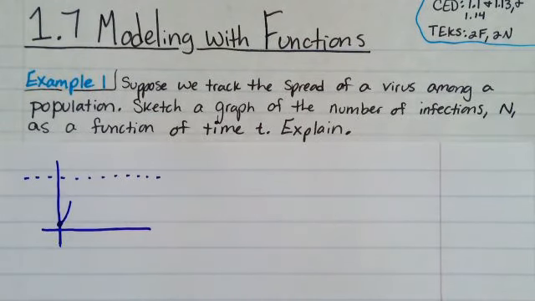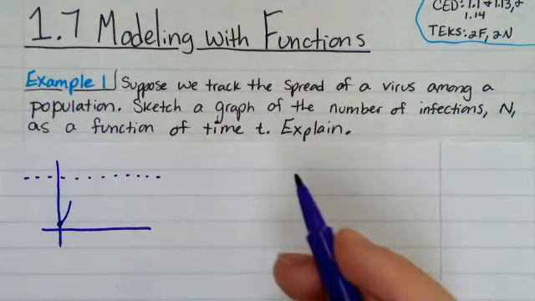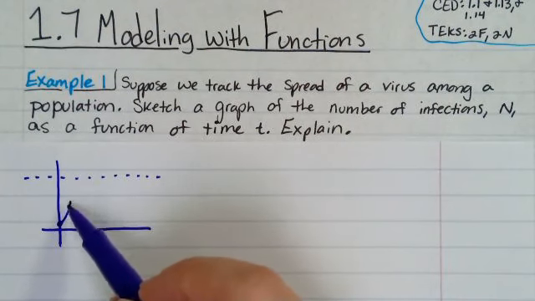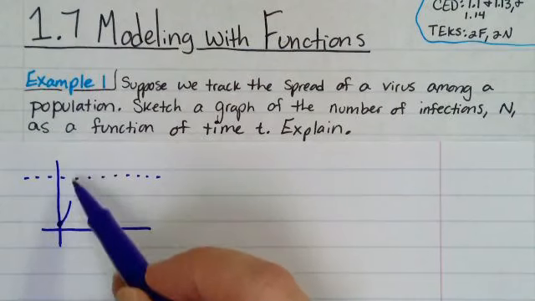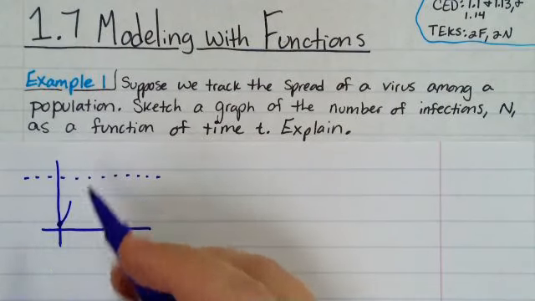But usually a virus is going to spread a little bit quicker than people have children. So when we talk about the spread of a virus, we're going to talk about a population cap, where if this virus kept going in this trend, eventually it's going to hit that max amount of people.